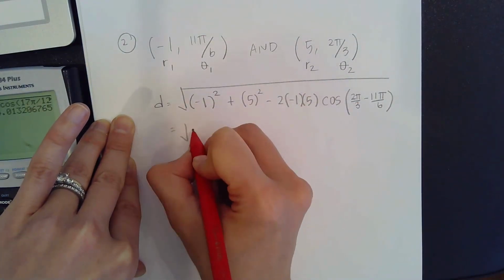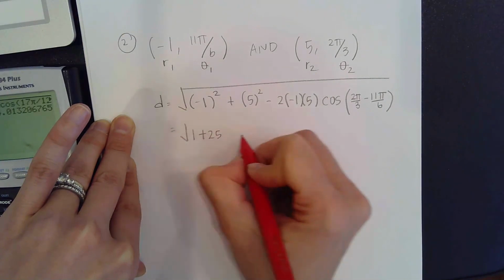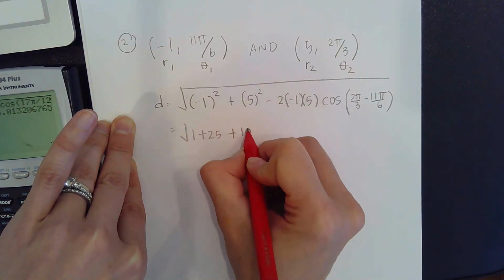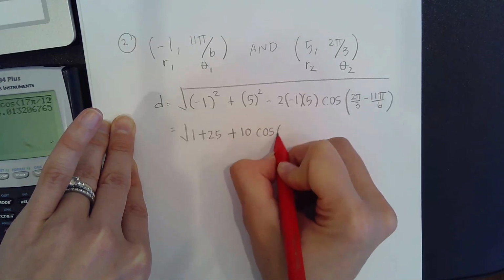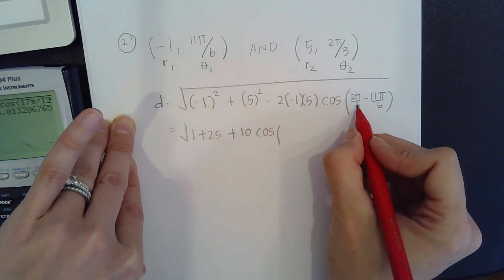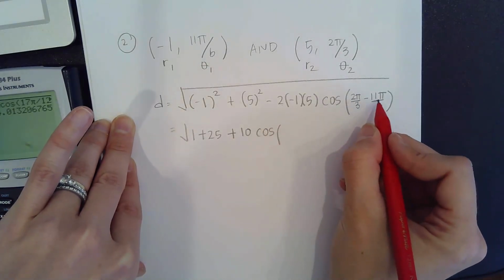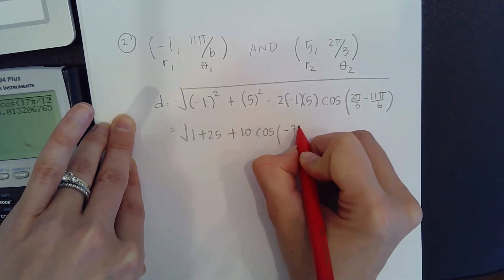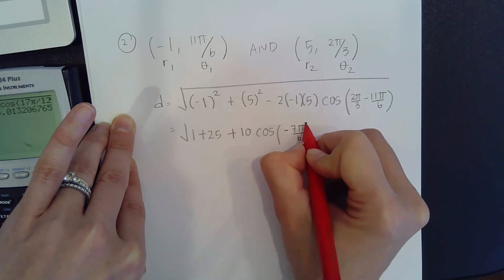So this will be 1 plus 25 plus 10 cosine of, so it's a negative 7 pi over 6.